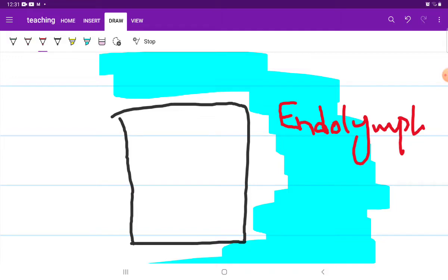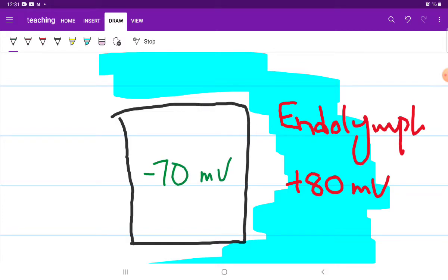The endocochlear potential, or the potential of endolymph, is calculated as +80 millivolt, and as we know, the resting membrane potential for nerves is -70.